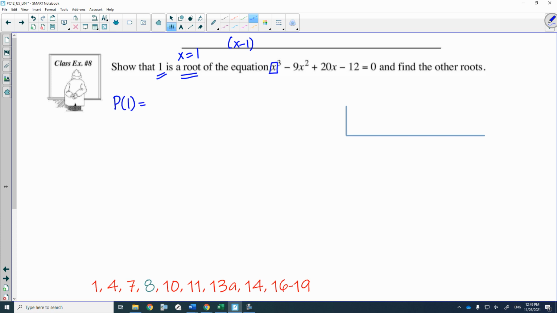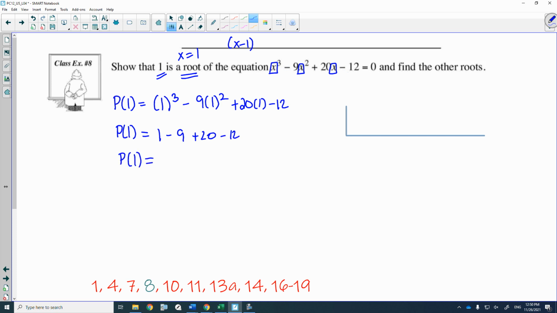So you're going to input a 1 into all of your x values. So 1 cubed minus 9 times 1 squared plus 20 times 1 minus 12. P of 1 is equal to 1 minus 9 plus 20 minus 12.